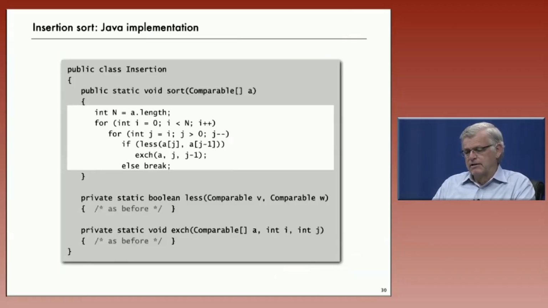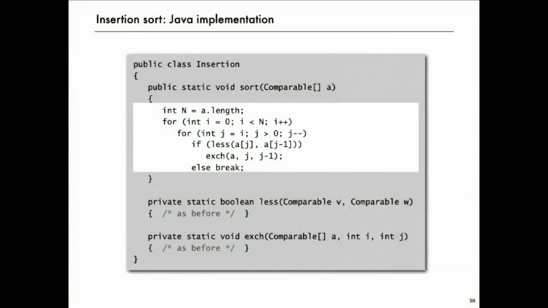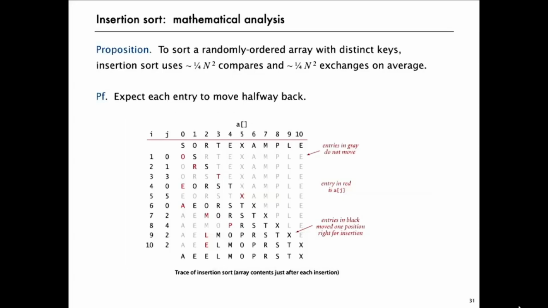And that immediately gives this code for insertion sort, which is similar to our code for selection sort and just as simple. It's got 2 nested for loops. Selection sort had 2 nested for loops, a test, a comparison, and an exchange inside the for loop. And that's a fine implementation of an elementary sorting method.